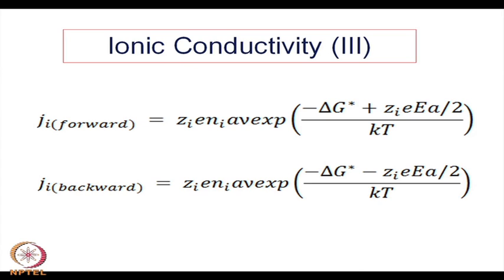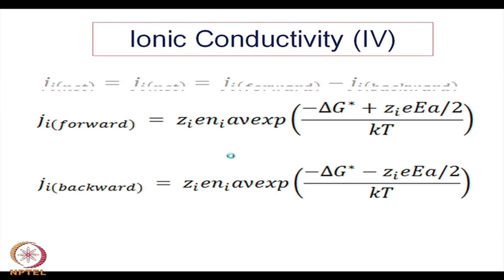This Z i is the number of charges per each charge carrier, E is the electronic charge, N i is the concentration of the charged species, A is the interatomic spacing, nu is the natural vibration frequency of the atoms, and the exponential term is minus delta G star, the barrier without field, and then plus this additional energy change.